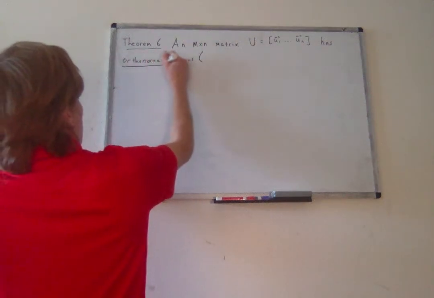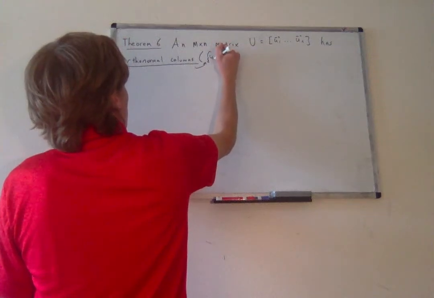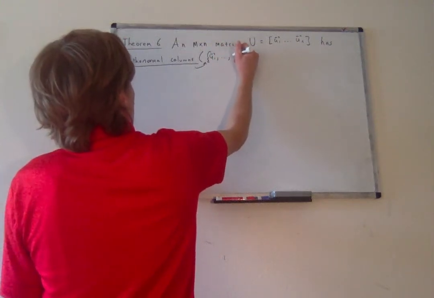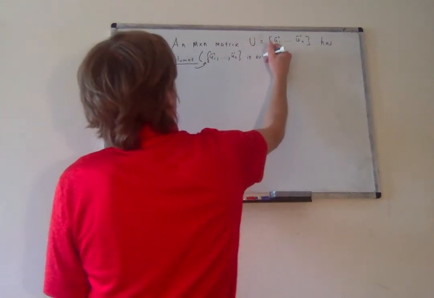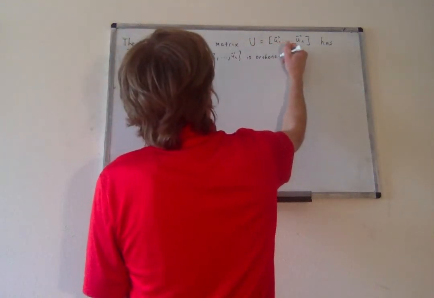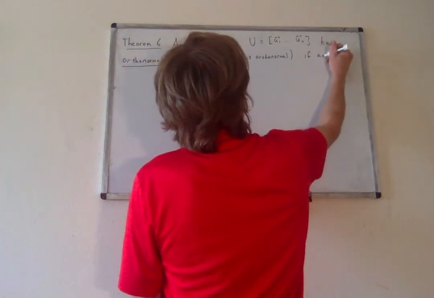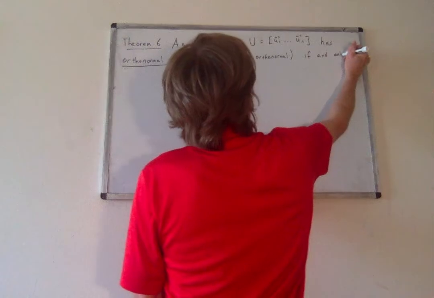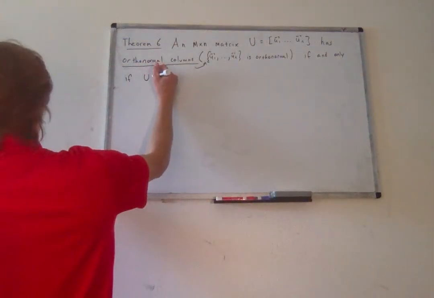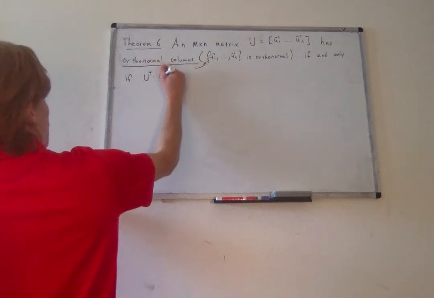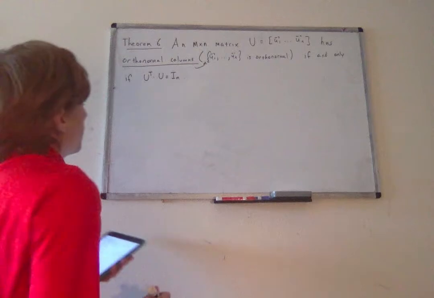And so this means that the set U1 through UN is orthonormal if and only if U transpose times U is equal to the n by n identity matrix.